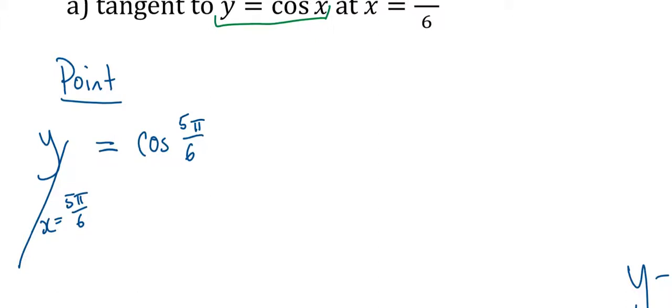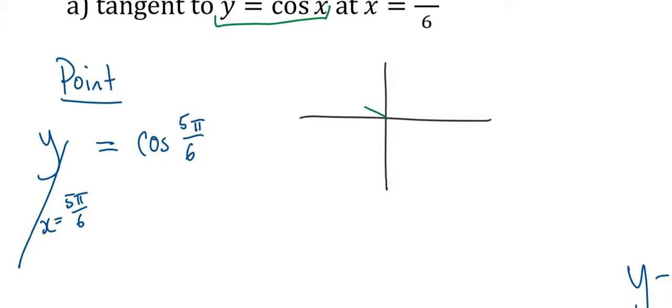How do we do that? Okay. So the answer is 30? Yeah, but that's a good start. Let's see if we can refresh our memory here. So 5 pi by 6 is in quadrant 2.